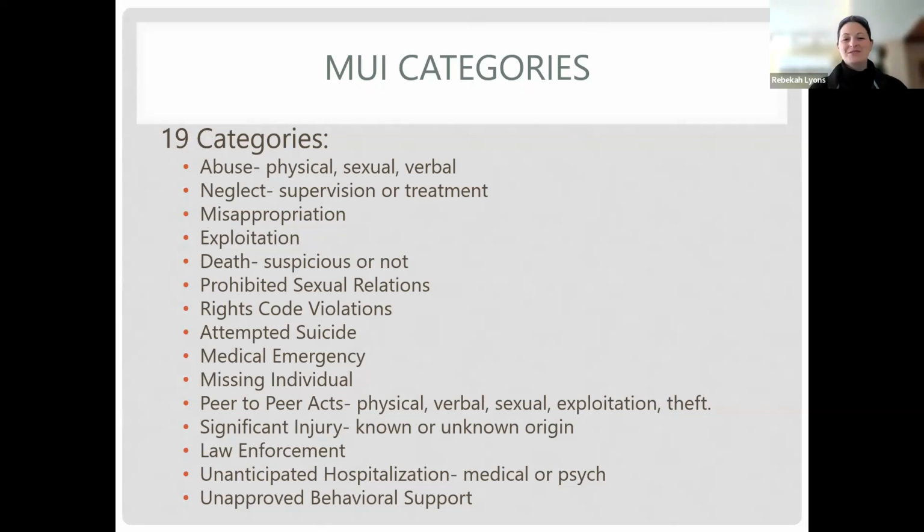So again, we go through the specifics in the annual MUI training. If you have any questions when these come up, just give me a call and we're happy to answer those.